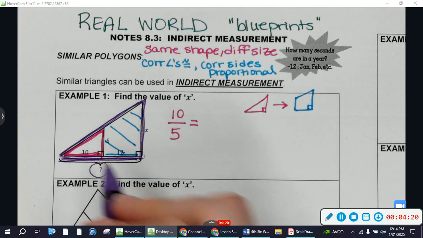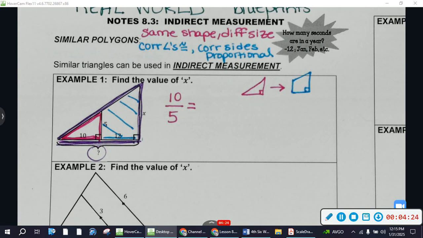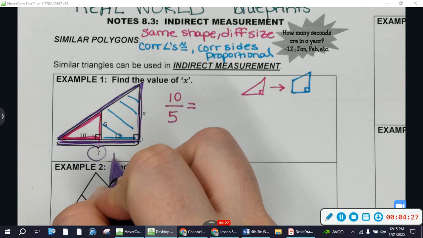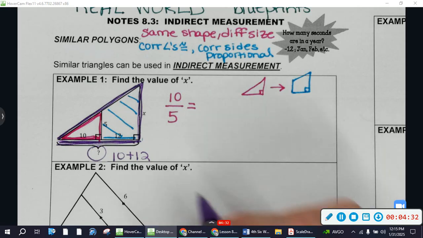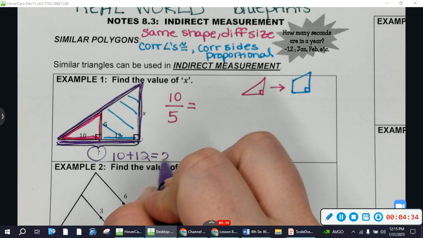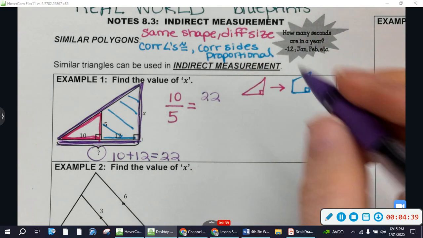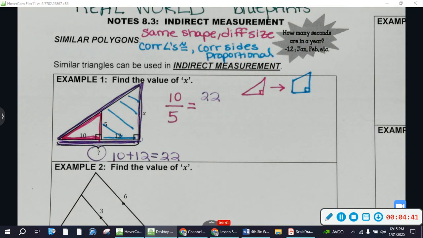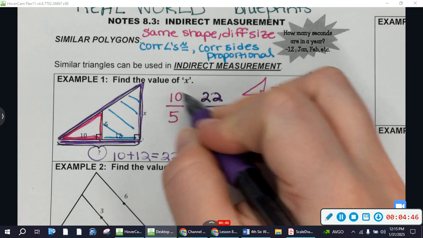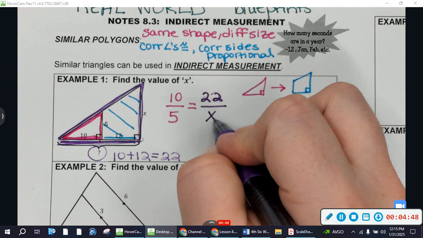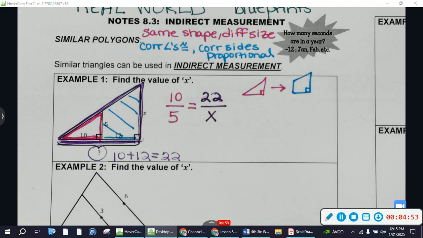Well, actually, they didn't tell me the full base. They did give me some information. They told us the 10 and the 12. And together, 10 plus 12 makes a full base of 22. So now I have a base of 22 is to height x. So I do have it matching up base is to height as base is to height.